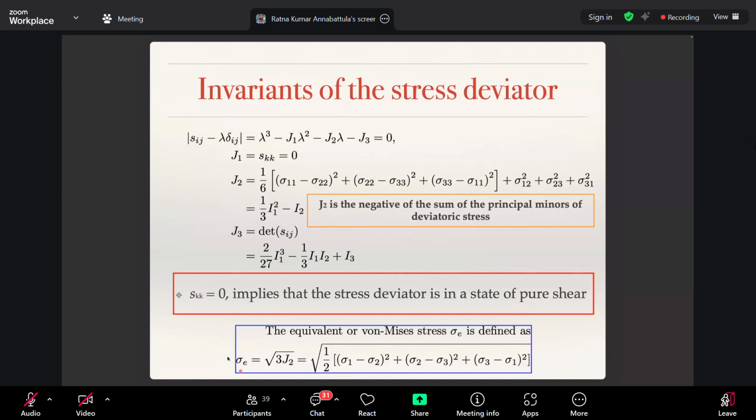Now your equivalent stress should be equal to square root of 3 times J2. Can you calculate this, whether you are getting the same equivalent stress that you computed earlier? Square root of 3 times 16733, whatever you got. Yeah, 224.08. Right? Yes, sir.